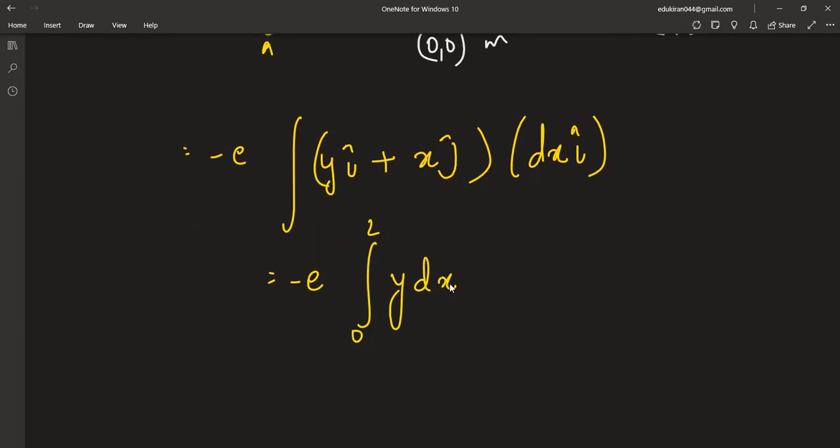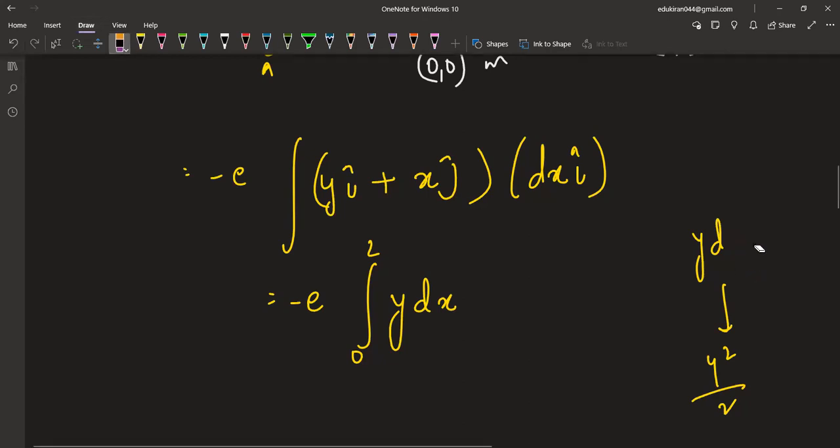What is the integral of y dx? Have you studied in maths? Y square by 2? No. Will we be able to do y square here? y dy gives you y square by 2. y dx also gives you y square by 2? No. It means y is 0 in this case.